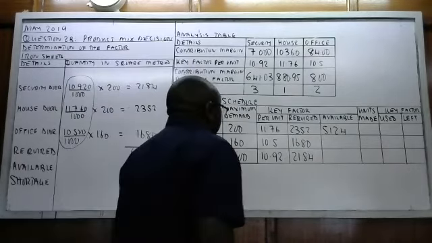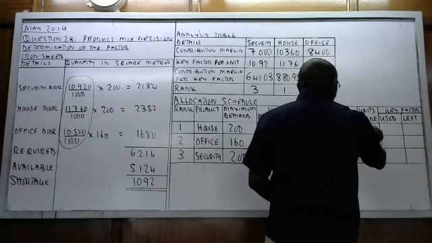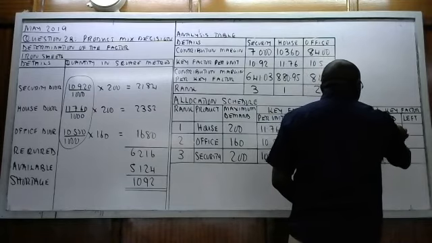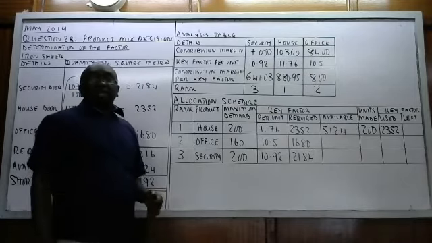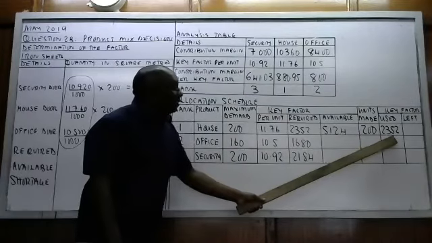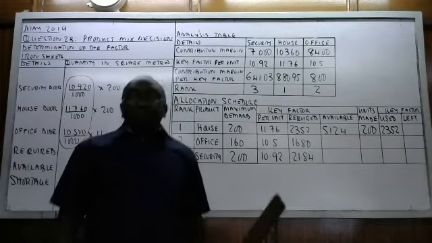Good. So if yes, unit made, tutatengeneza the 200, ndio tukue tumetumia hii 2352. Ukishatumia hii 2352 na ulikuwa na hii, how many will remain? Give me the figure.